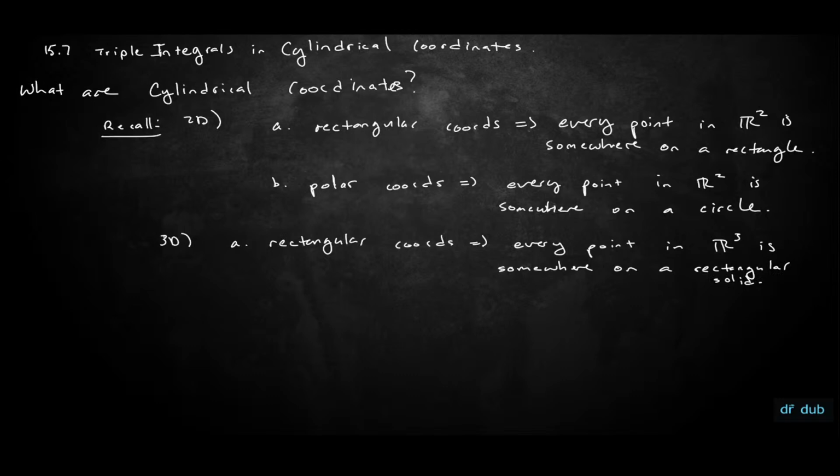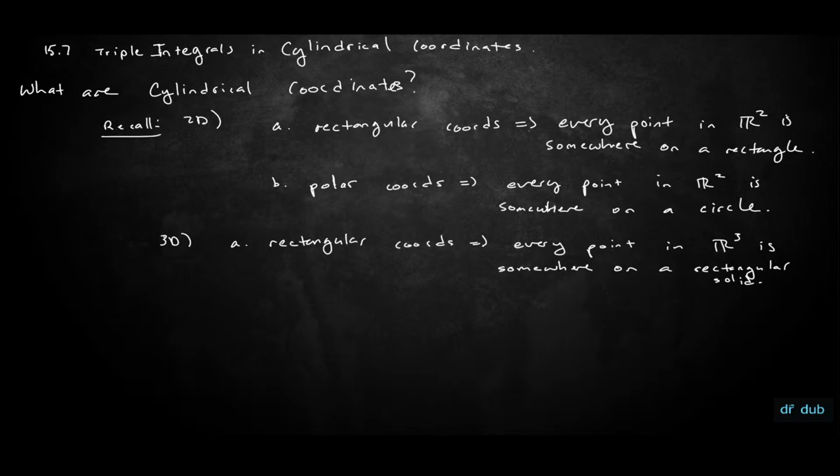So somewhere on a box, basically. So the intersections of all the different planes create three-dimensional boxes. And every point in three-dimensional space is somewhere on a box. So you specify an x, y, and z coordinate. That tells you where it is on some box.